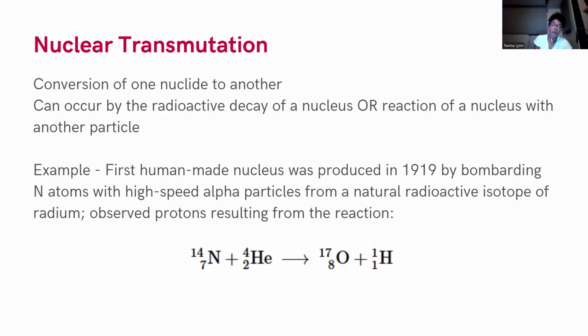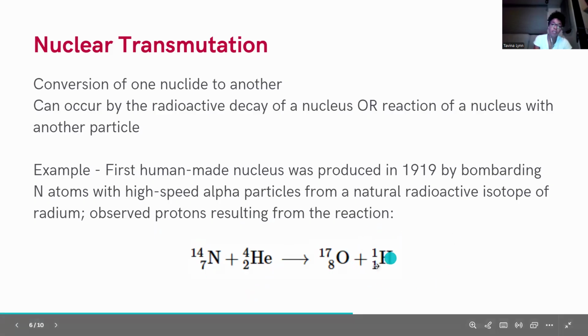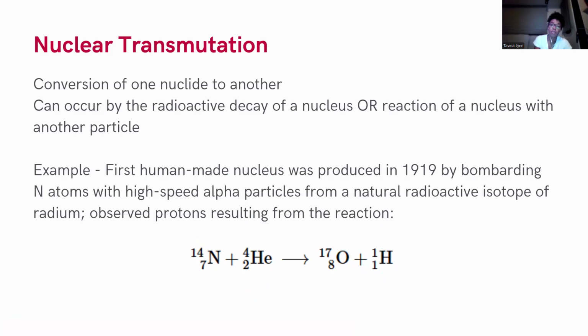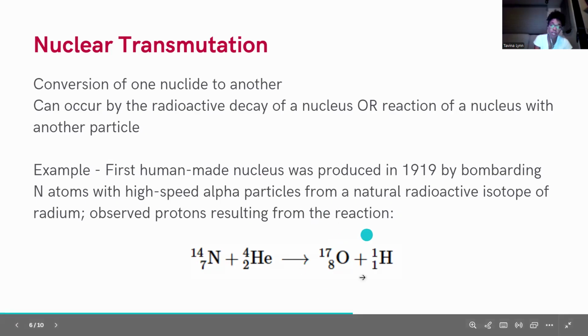There was also the production of protons as well. So this is a human-made nucleus. It would be curious, if you're interested, to look up what was the application of this, right? Why did they want to make this? What was the application of this particular nucleus that was produced?